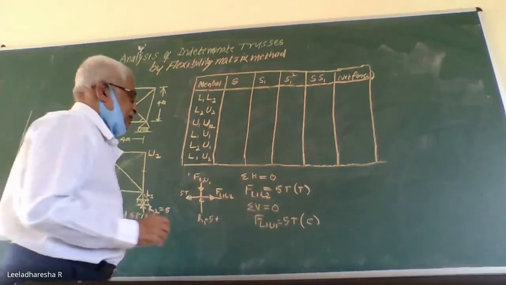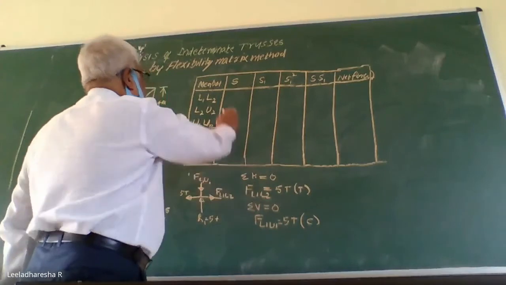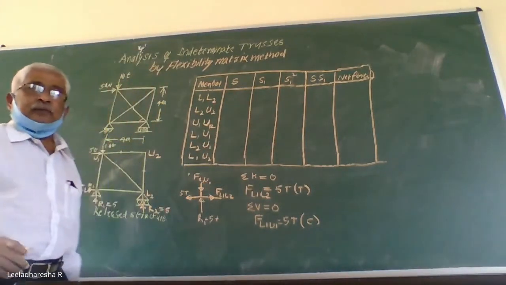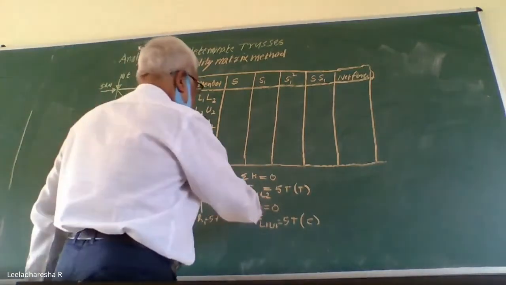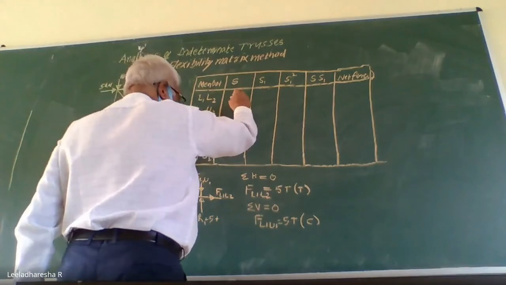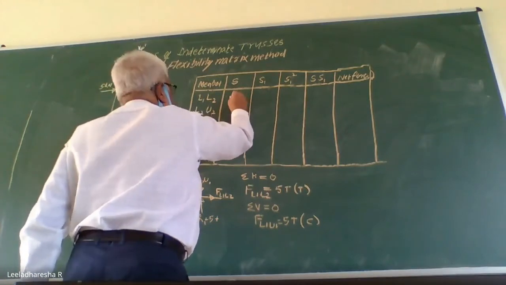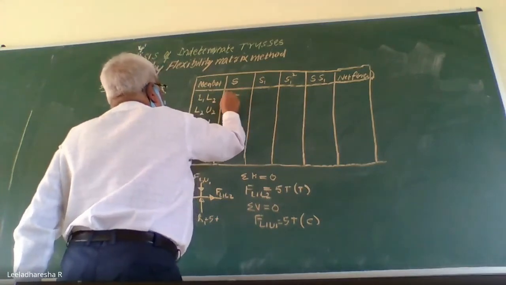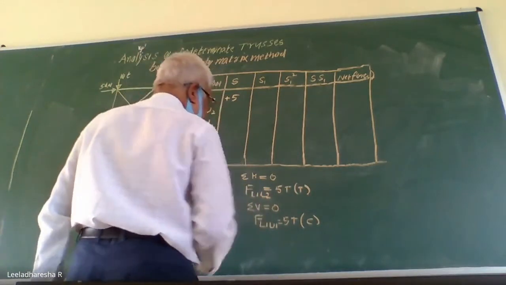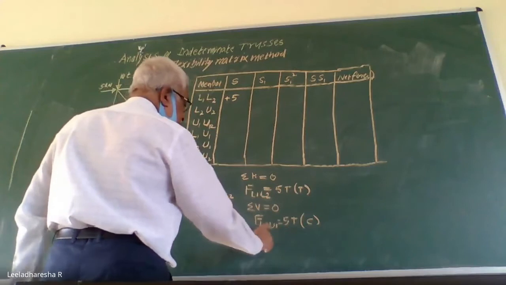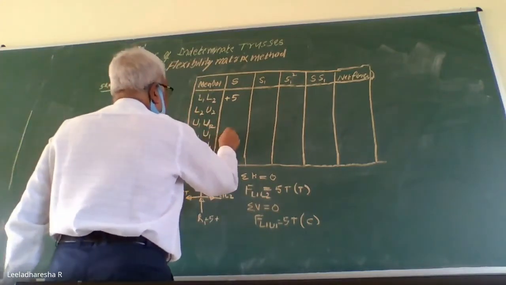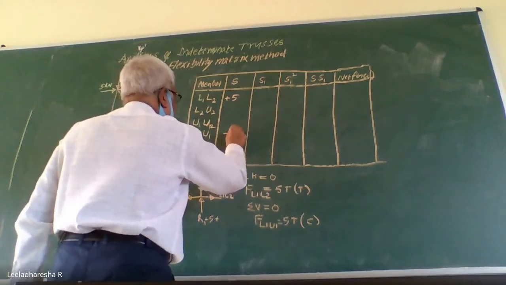Therefore, it is compression. So I can enter these values in the table immediately after analyzing a particular joint. F L1 L2 is 5 tension. Take positive sign for tension and negative sign for compression. F L1 U1 is minus 5 tons.